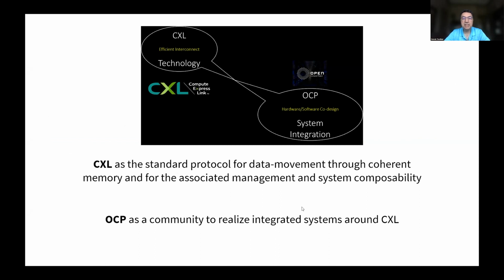That's where we basically place technologies into systems, integrate them, and eventually push them to production. So OCP provides a community to realize these wonderful technologies from CXL, PCIe, JEDEC, and NVMe. Different technologies come into systems.